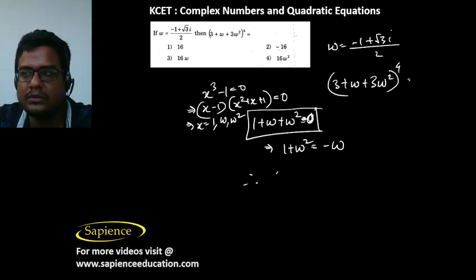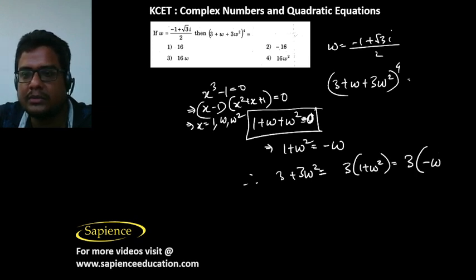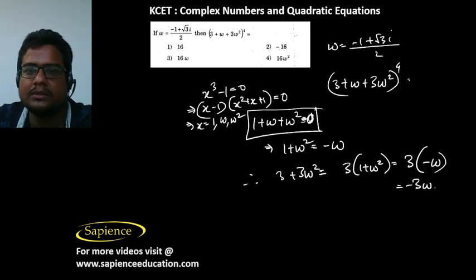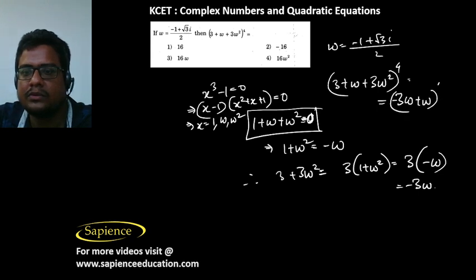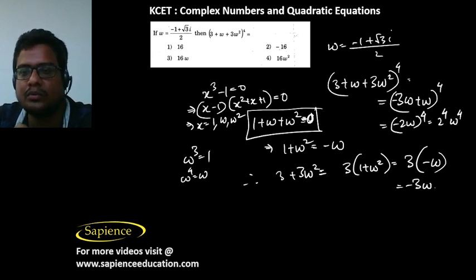Therefore 3 plus 3 omega square will be equal to 3 into (1 plus omega square), that will be equal to 3 into minus omega, so this is equal to minus 3 omega. So therefore this can be written as (minus 3 omega plus omega) whole power 4, that will be equal to (minus 2 omega) whole power 4. So this will be equal to 2 power 4 into omega power 4. Now omega cube is equal to 1, so omega power 4 will be equal to omega, so this will be equal to 16 omega. So option 3 is the correct answer.